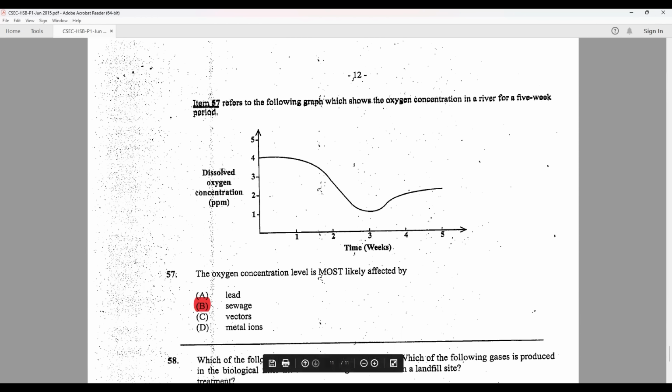Sewage. Dissolved oxygen concentration taking a dip means something has used up the oxygen in the river. So it's not lead that's leading to it, it's sewage, because of algal bloom, eutrophication. That's why it's sewage.